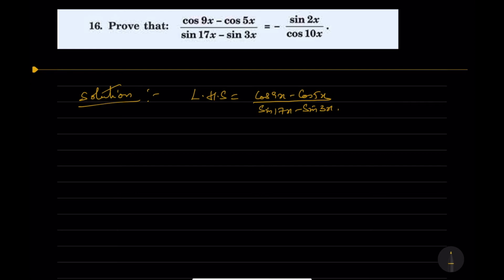So now here we can use the formula of cos c minus cos d, which is equal to minus 2 sin of (c plus d) by 2 into sin of (c minus d) by 2.